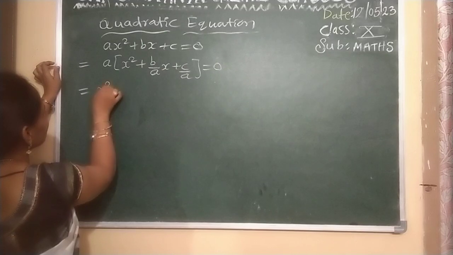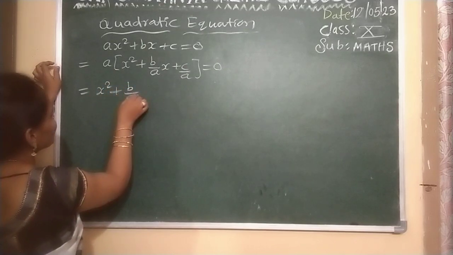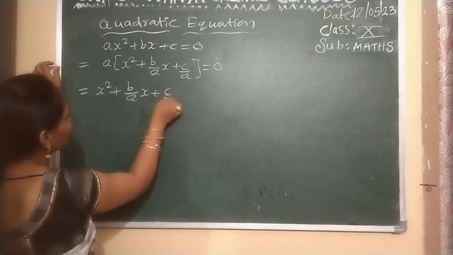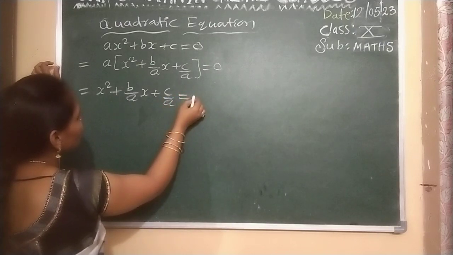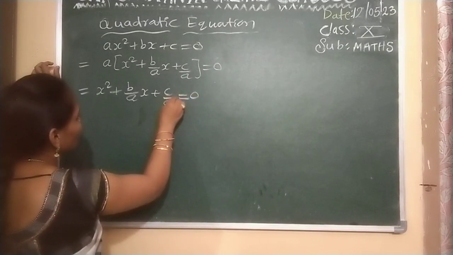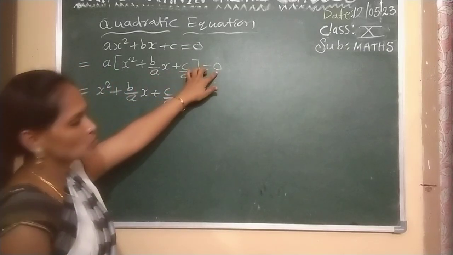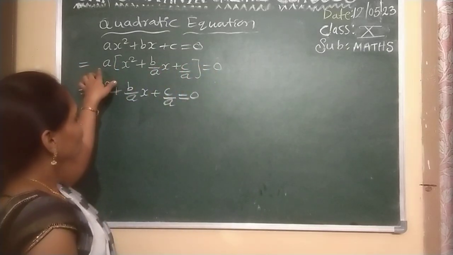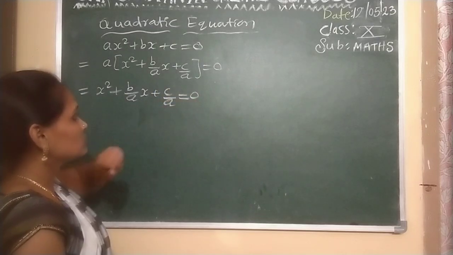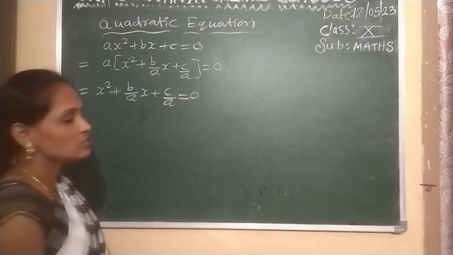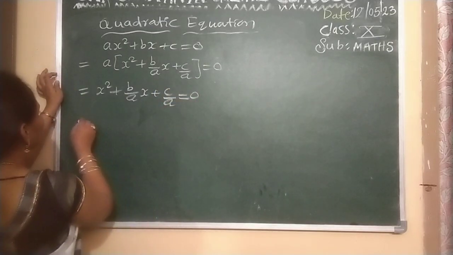Now it becomes x square plus b by a x plus c by a is equal to 0. Why? Because if you take the transpose, it goes to the RHS, that is 0 by something, you will get 0 only. That's one.